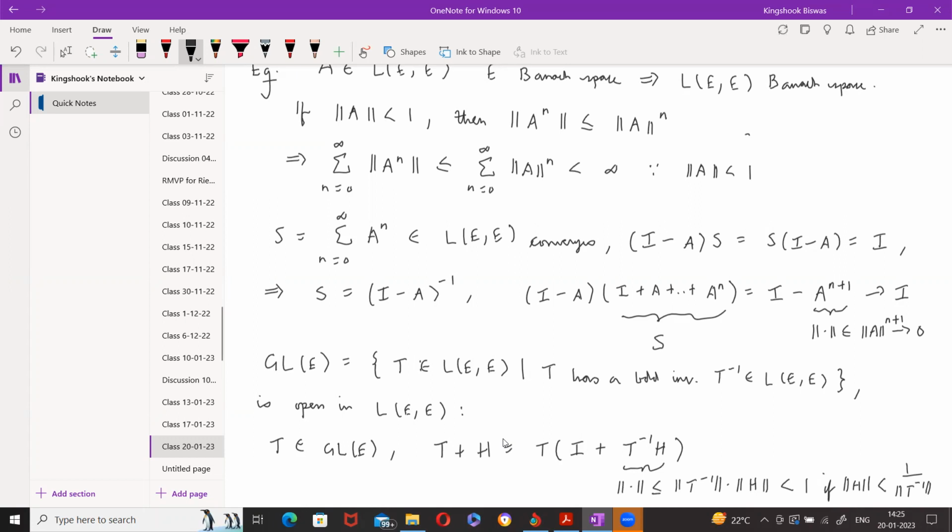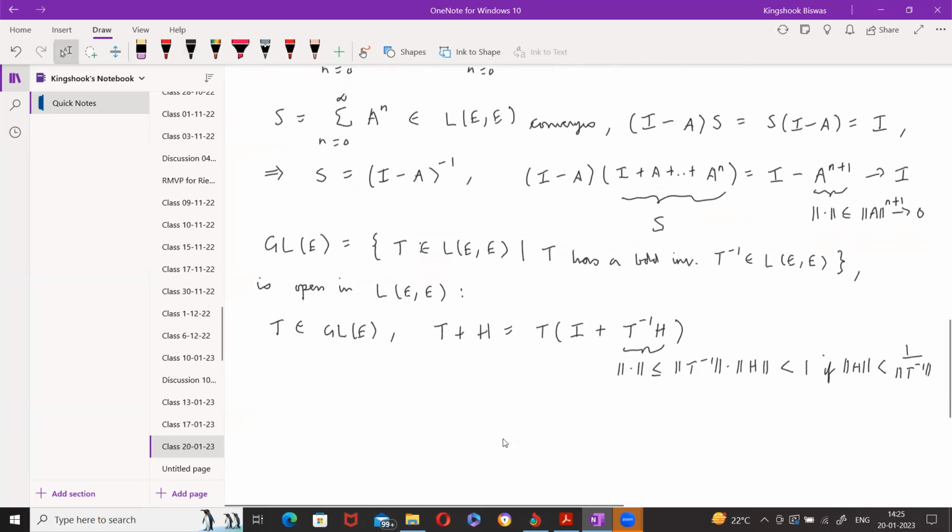So if the norm of H is less than 1 over norm T inverse, then the norm of this term is less than 1. So that means this sum, by the above calculation, belongs to GLE and this T belongs to GLE. So therefore the product belongs to GLE. So therefore T plus H belongs to GLE.